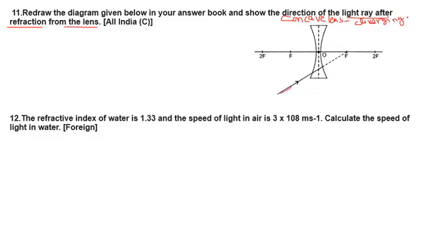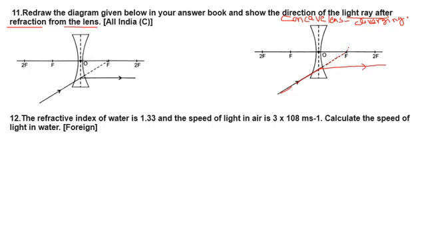A ray of light passes through the concave lens. If I extend it, it is going through the focus, but after refraction it should go parallel to the principal axis. So this ray becomes parallel to the principal axis. Here is a diagram which you can draw in your copy.